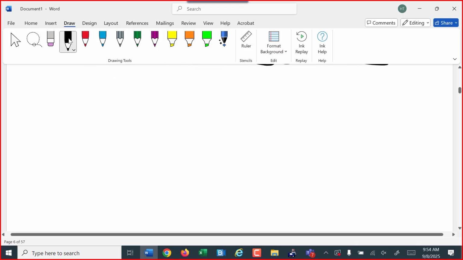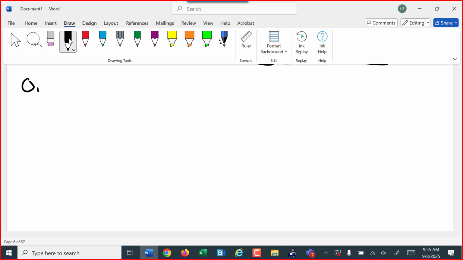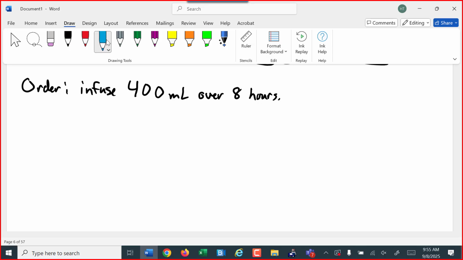So let's look at some examples of calculating flow rates. If I am ordered to infuse 400 milliliters over 8 hours, I'm going to want this both ways: in milliliters per hour and in milliliters per minute.